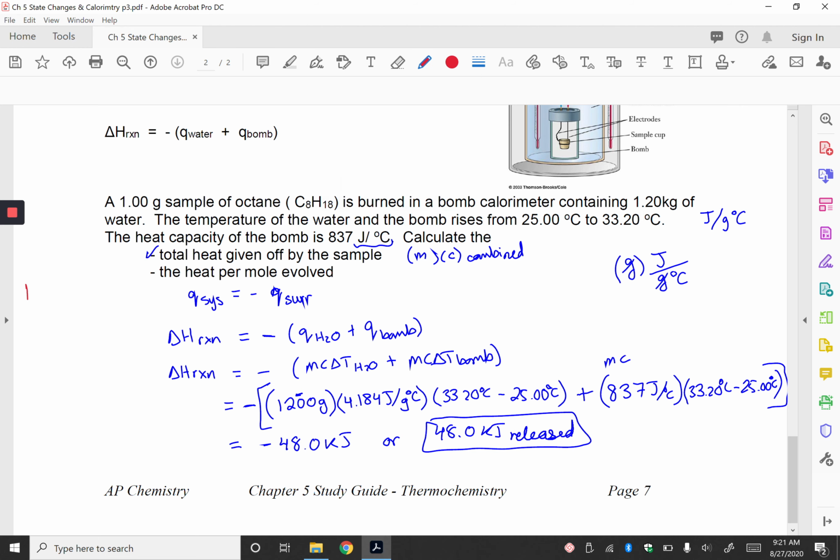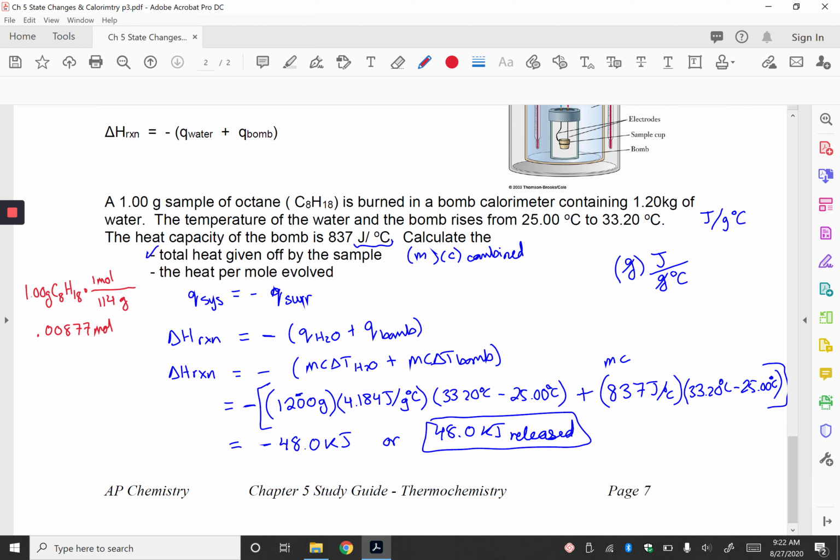So I'm going to take 1 gram of C8H18, and I'm going to change that to moles. 1 mole is 114 grams. Now I'm going to calculate that. This gives us 0.00877 moles of octane.